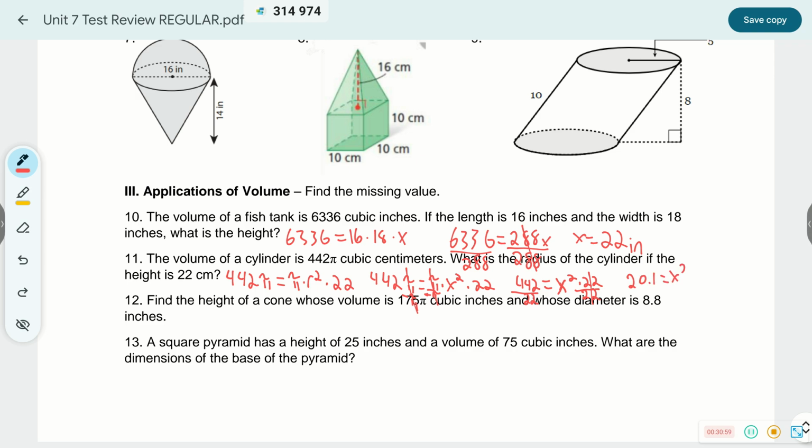So then we have to isolate the variable another step. How do we get rid of a squared something? Square root. To cancel a square, we have to take the square root. So that cancels. Square root of 20.1 is... centimeters.